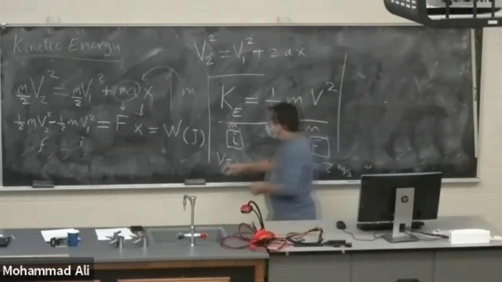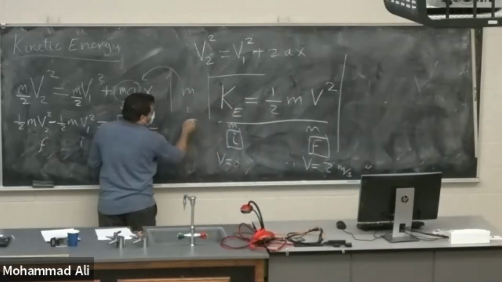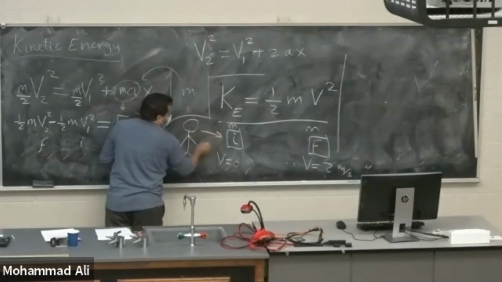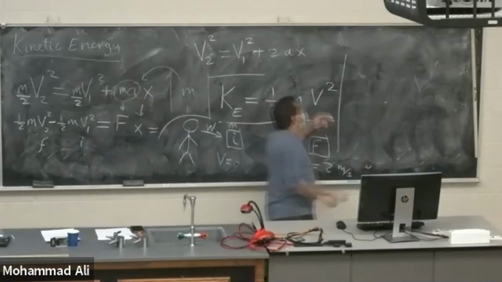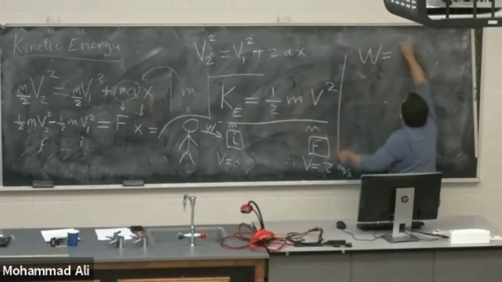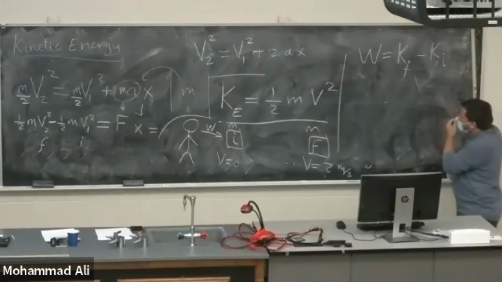If there is a person here, and this person acts by a work on this object, it will move. And this work, as I said, is equal to the kinetic energy finally minus the kinetic energy initially.